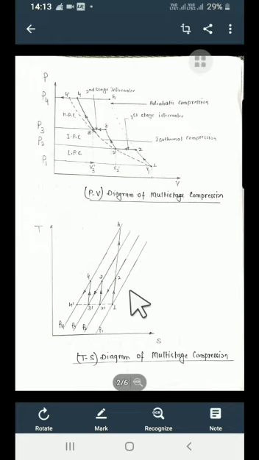The amount of work saved is shown by the area 2, 2 dash, 3, 3 dash, 4 in the PV diagram.